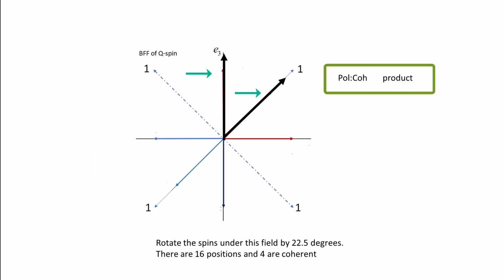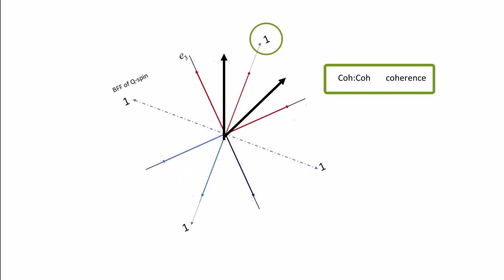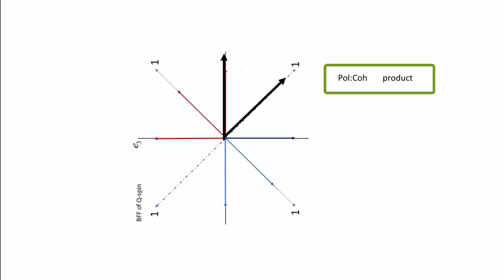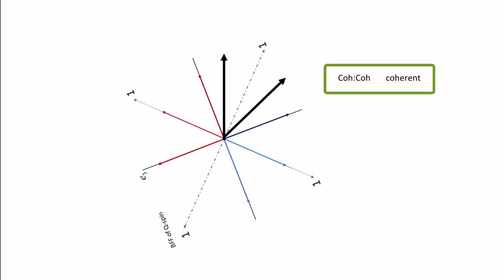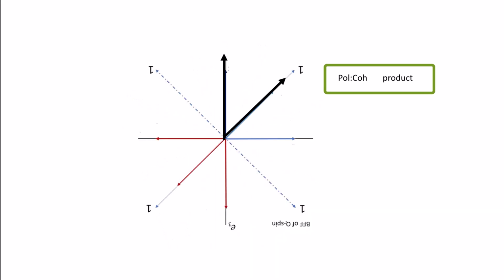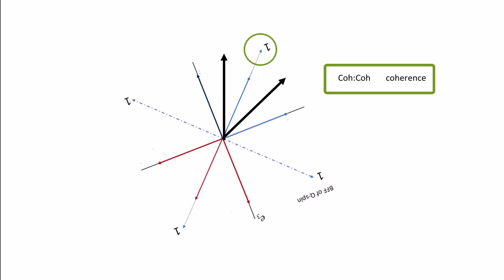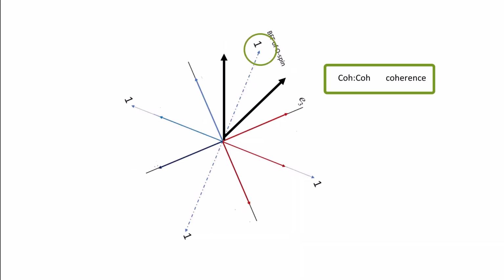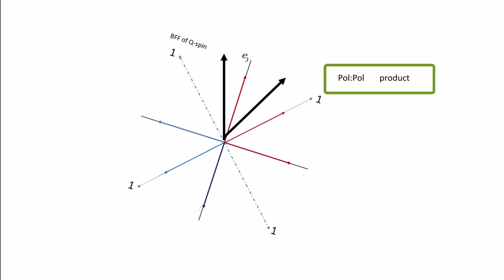One is polarization and the other is coherence, so a product state is formed. Now both Alice and Bob sample a coherent spin, so this gives a coherent state. Again, we have a coherent polarization, and this gives a product state, and so on, a mix of product states with an occasional coherent state.